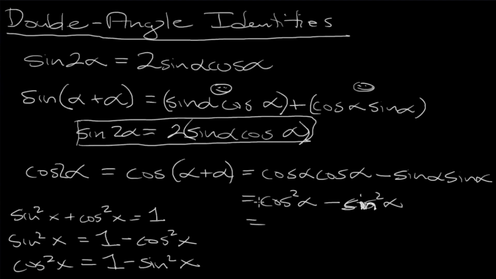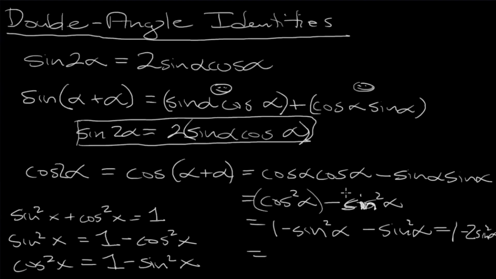So I can replace cosine squared with 1 minus sine squared. So I could take this piece right here and replace it with 1 minus sine squared of alpha, minus sine squared of alpha. And that gives me 1, and then there's 2 of these subtracted, so 1 minus 2 sine squared of alpha.